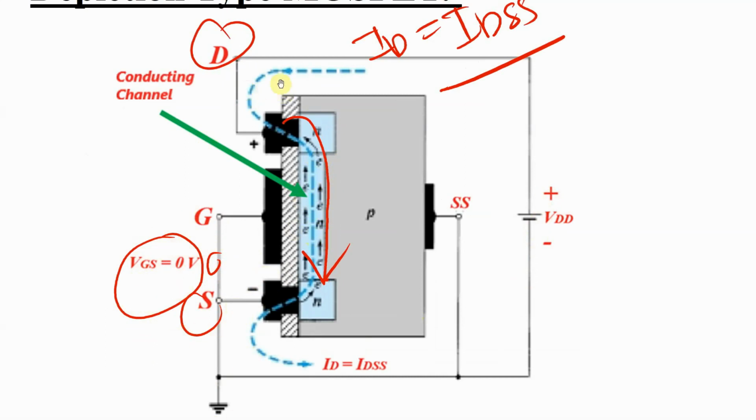If it is more negative with respect to the drain, what will happen? This negative charge will disturb the electrons, so as you increase this, a depletion region will form here, and if you continue increasing until the current cannot flow anymore, then the current will be 0.